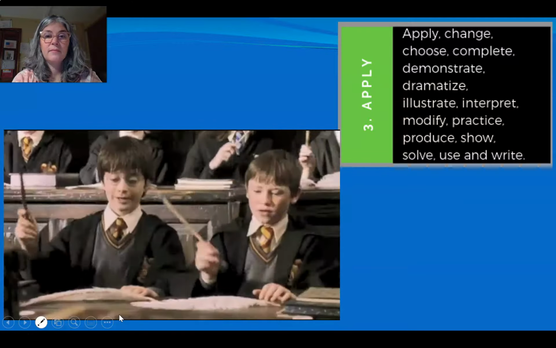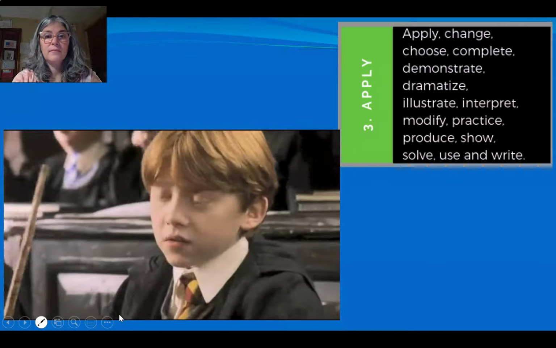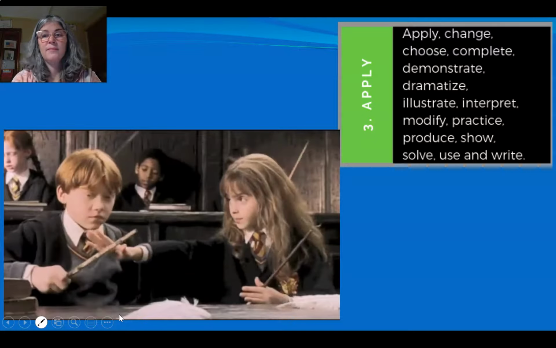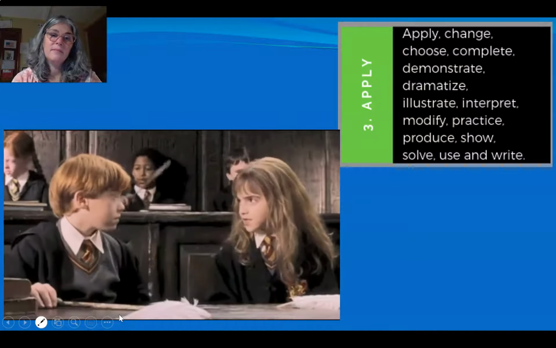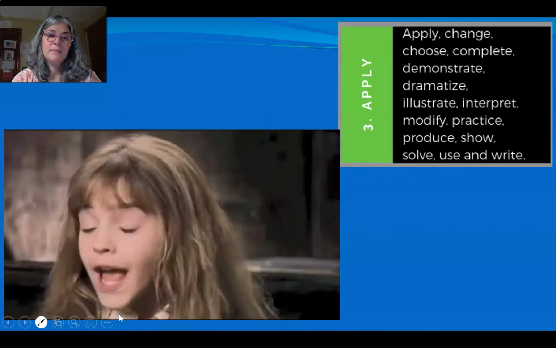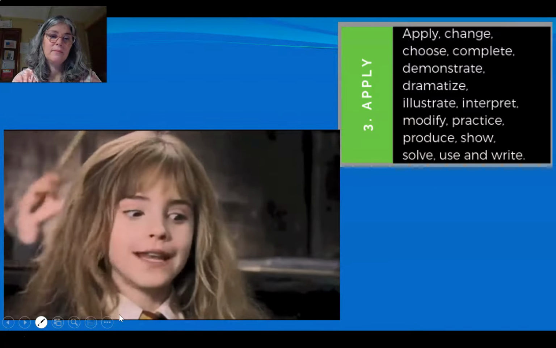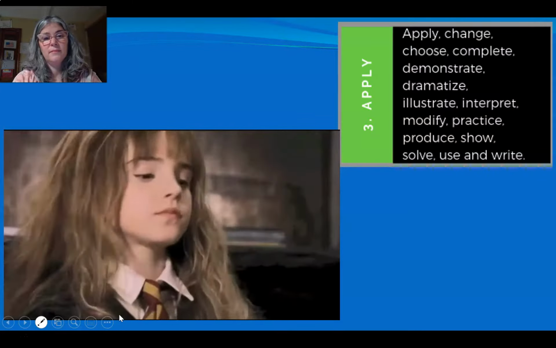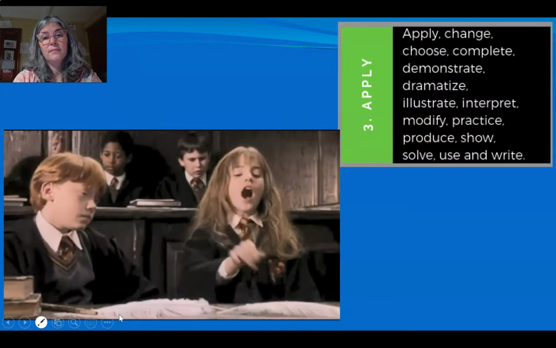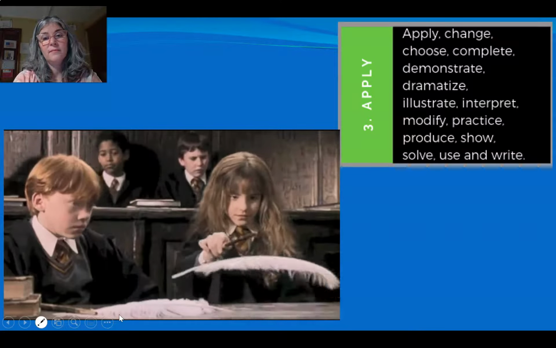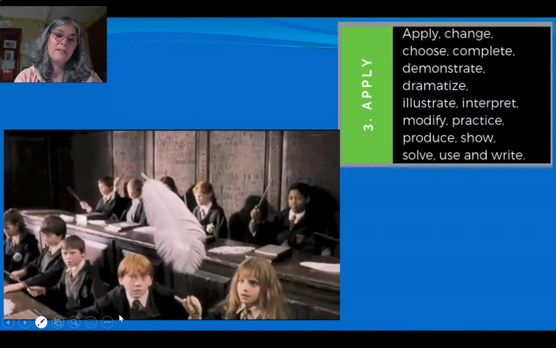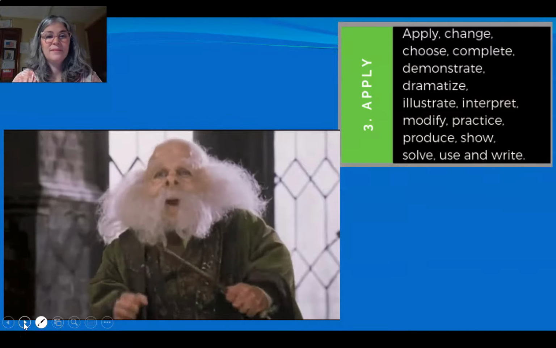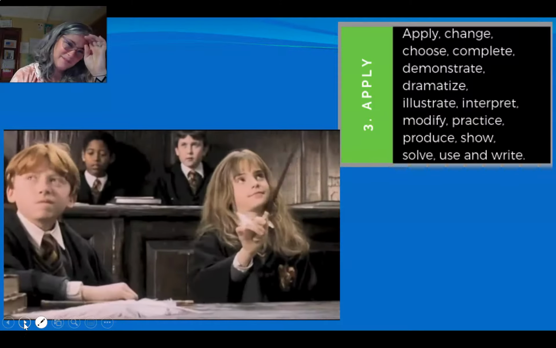Wingardium Leviosa. Stop. You're going to take someone's eye out. Besides, you're saying it wrong. It's Leviosa, not Leviosa. You do it then if you're so clever. Go on. Wingardium Leviosa. Oh, well done. See here, everyone.